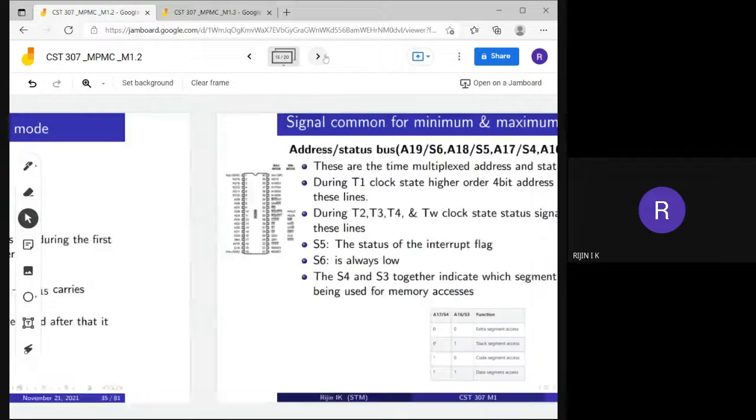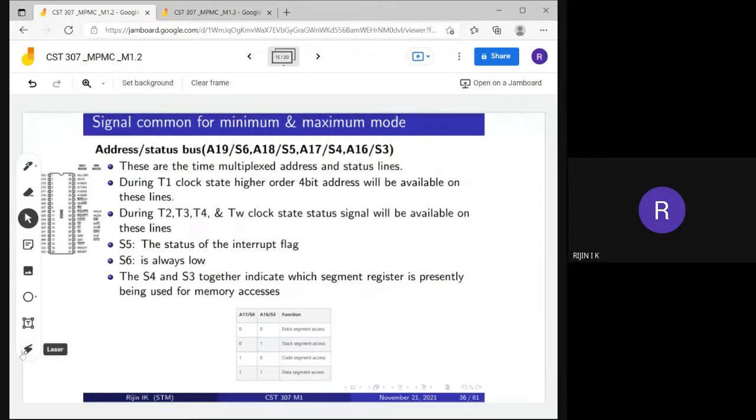Then the next signal is the address bus status pin.